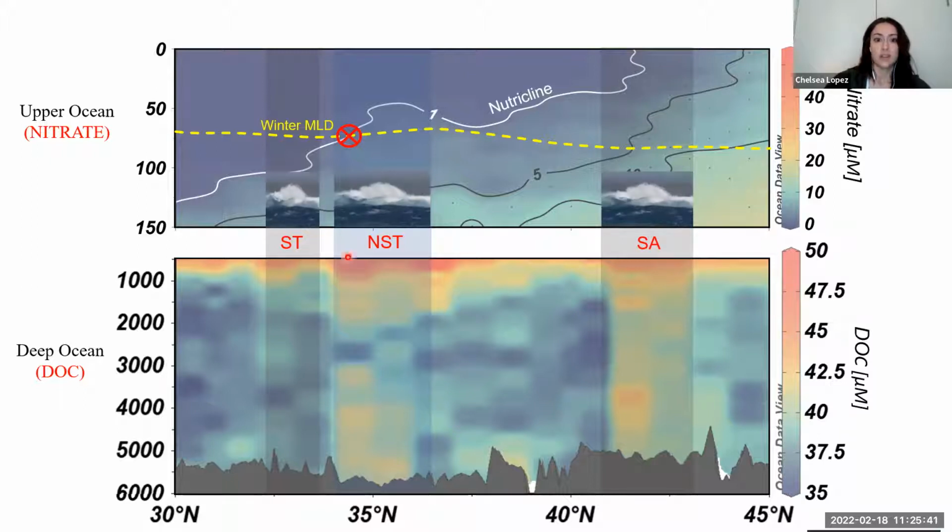So that would suggest that if you have export going here in winter because you have enough nutrients, by springtime you can't see those particles anymore, but you can see the remnants of the DOC that it released into the water column. So it gives you a hint of what the residence time of those particles is from one season. So they don't make it through the seasonal from winter to springtime, but the DOC does.